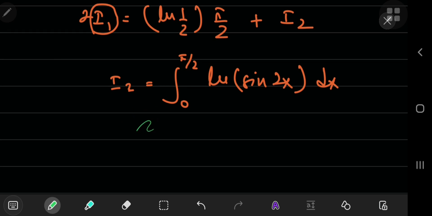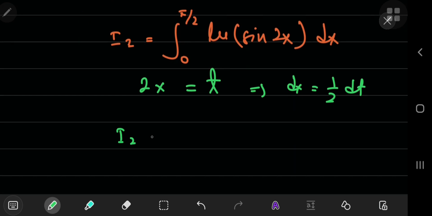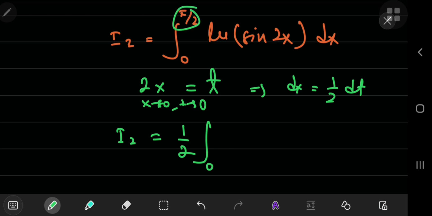First of all, perform a substitution where we let 2x equal t, which implies that dx equals half of dt, right? So I2 is actually going to be equal to half of, now the limits of integration: as x approaches 0, t will approach 0, and as x approaches pi by 2, t will approach pi.